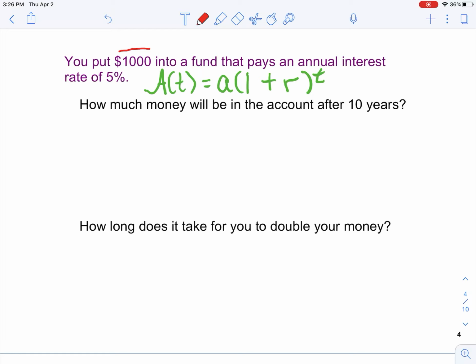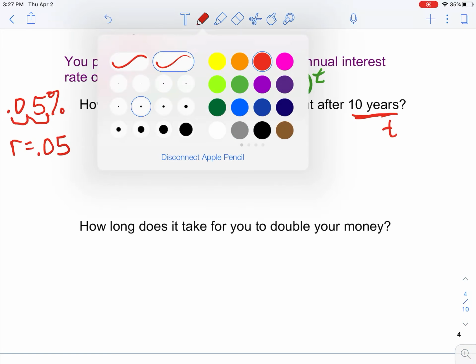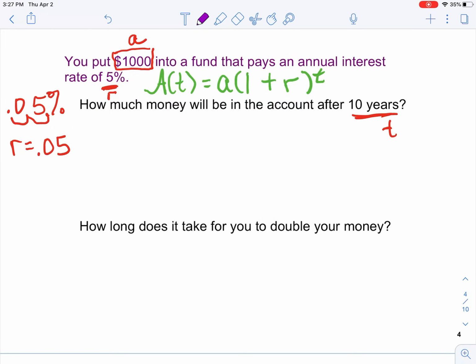So if I put in $1,000, that's going to be our A amount. 5% is our R, but we can't just say, oh, that's 5%. We have to make it into a decimal. So that's going to be R equals 0.05. And then in our first question, it says after 10 years, which is going to be our t value. All right, let's put everything in and see what happens.